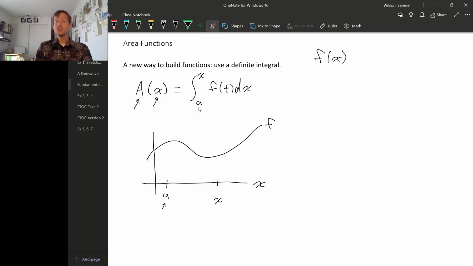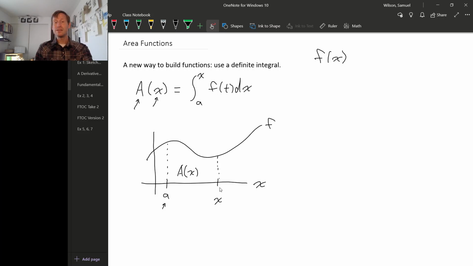Now this definite integral gives us the area under the graph of f and between a and x. So that is this area here. The area of this region is the value of our area function, capital A of x.